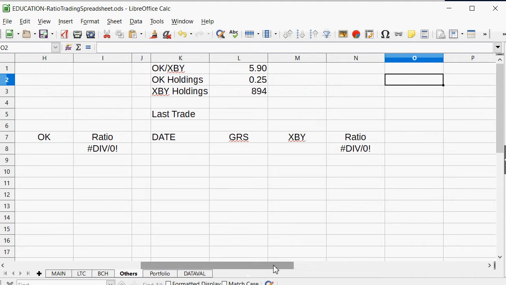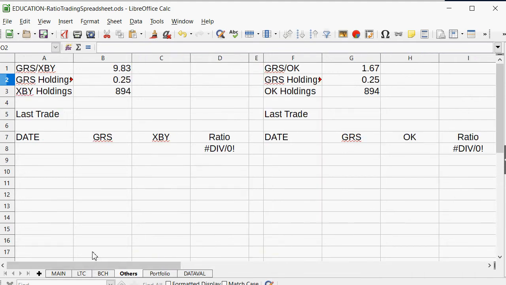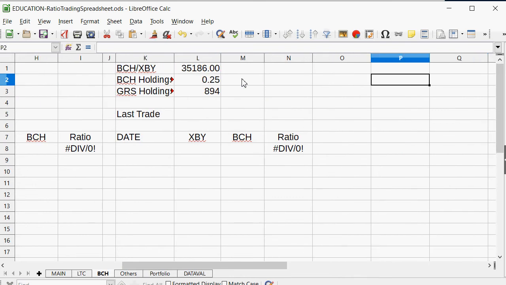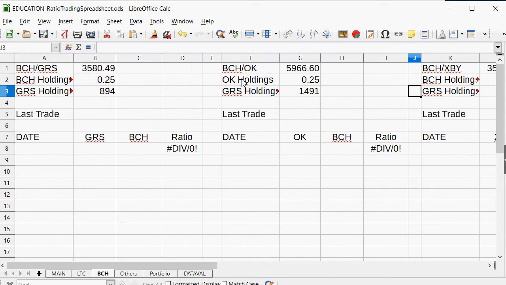So as far as the holdings are concerned on each one, GRS XBY, well, GRS is 894. $894 for XBY actually.